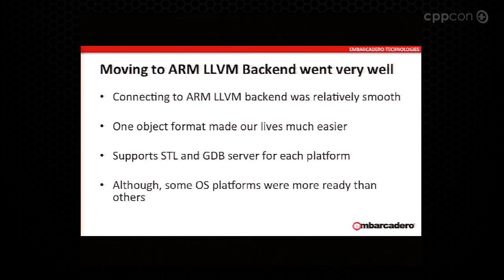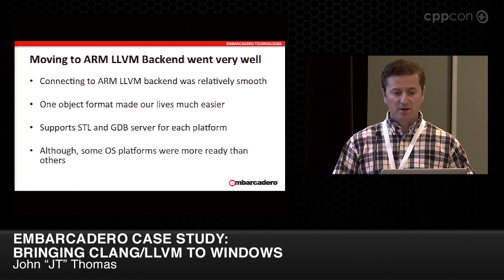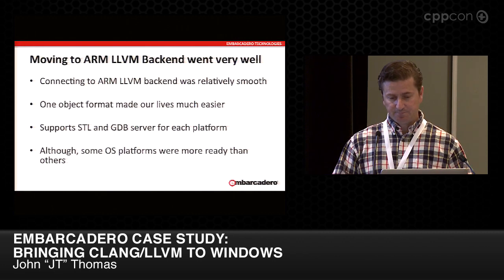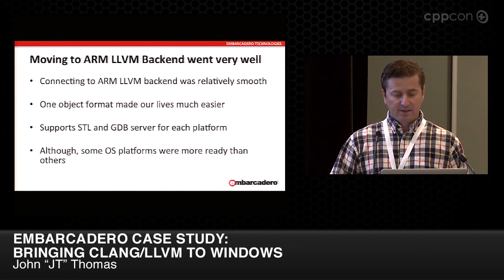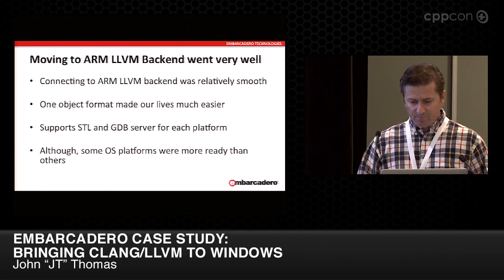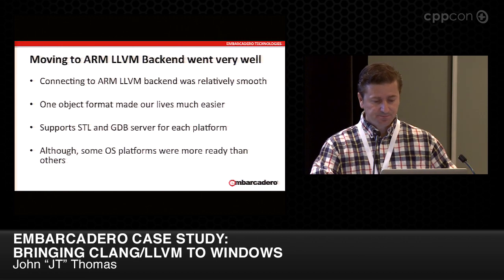So this isn't strictly related to the 64-bit project, but after we finished that project, and actually we started this work before we were finished with the 64-bit project, we started looking at the ARM backend and started doing a lot of things in parallel. And connecting to that backend was really smooth. There were things that made it a lot easier. We could also depend on one object format on the mobile platforms too.